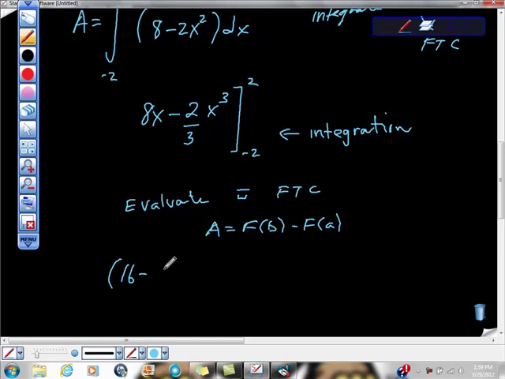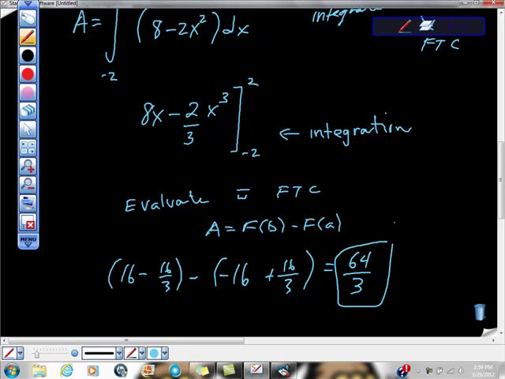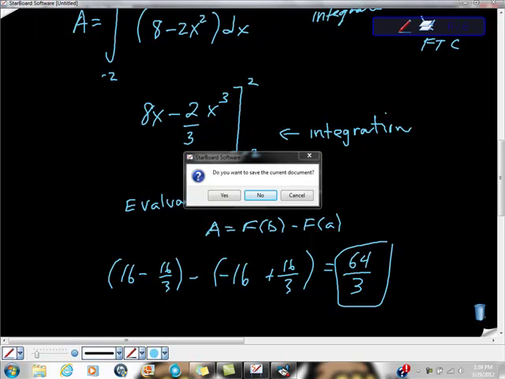It comes out to 16 thirds minus negative 16 thirds, which is all equal to 64 thirds, which is a hell of a lot more than 0. And when you see that on the AP exam, you're like, is it 0 or is it 64 thirds? I can see how a person would just go, it's got to be 0. It makes perfect sense, right?